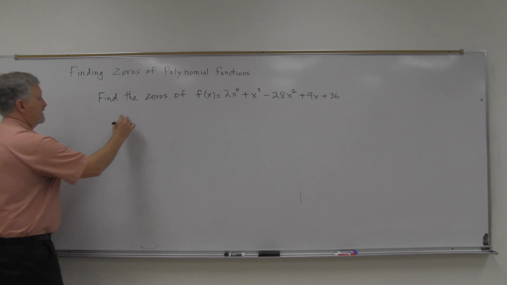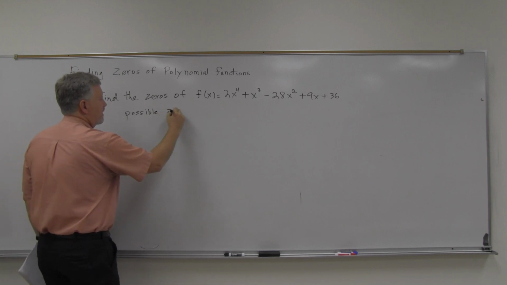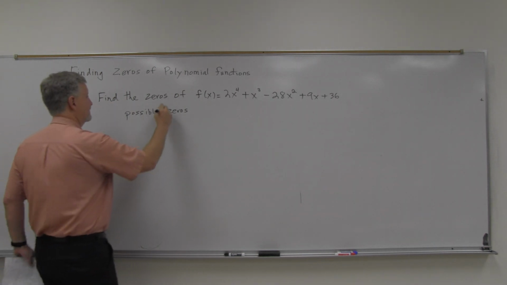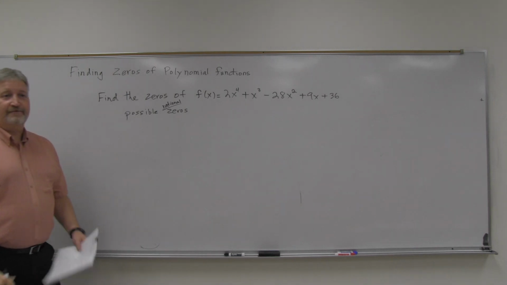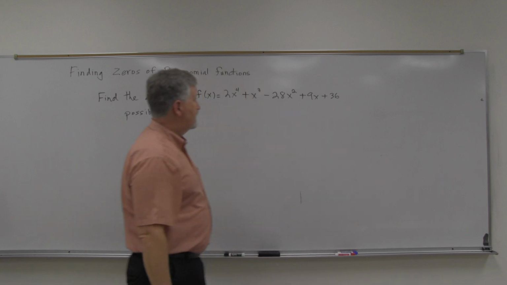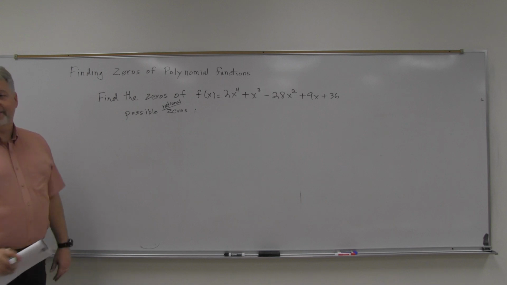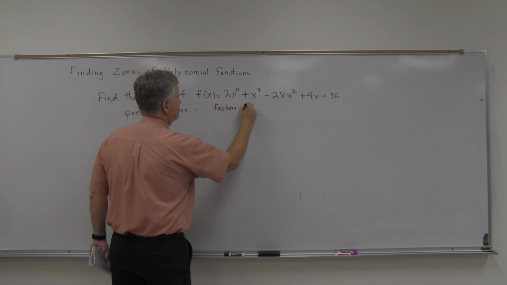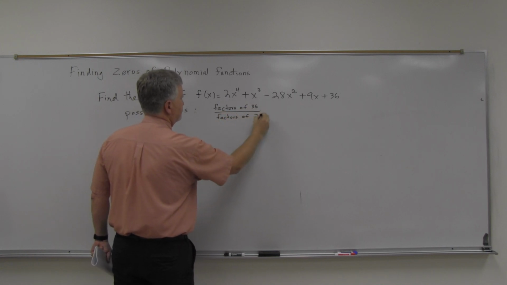And so, yeah, let's think about possibilities here. I'll probably ask you on the test to list possible rational zeros. So let's do one more of those where we list the whole list out. This is going to be quite a few because you've got factors of 36 divided by factors of 2.